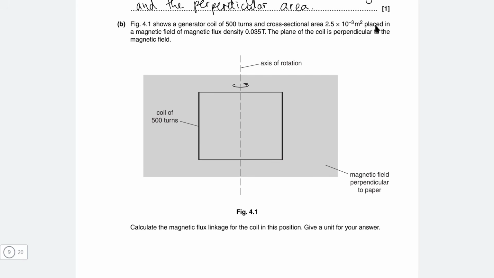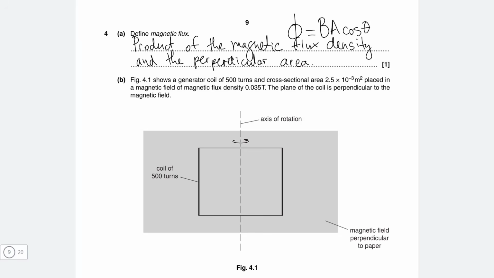Okay, next one, part B. Figure 4.1 shows a generator coil of 500 turns and a cross-sectional area of 2.5 times 10 to the power of -3 square meters. We've got the magnetic flux density 0.035 Tesla. The plane of the coil is perpendicular to the magnetic field. This means that the angle theta is actually going to be 0, because theta is the angle to the normal.